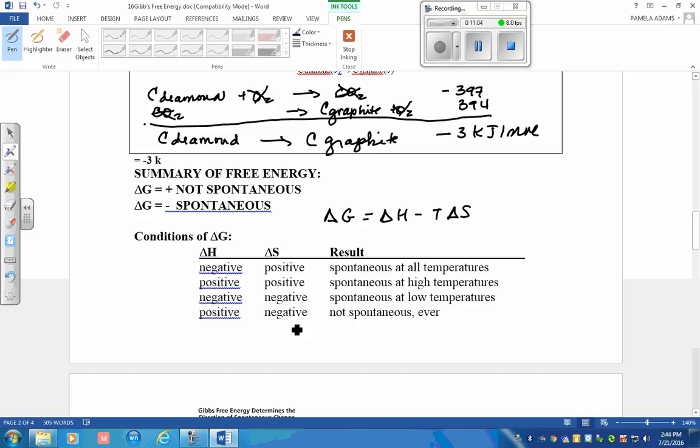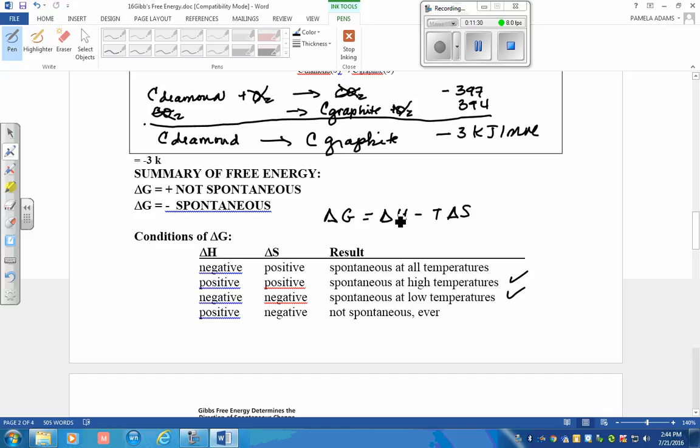Now, looking at the opposite, when H is positive, that's generally non-spontaneous. S is generally non-spontaneous when it is negative. There is no value of T that will make delta G negative, so it's never spontaneous. The thought process comes when you're looking at these values.